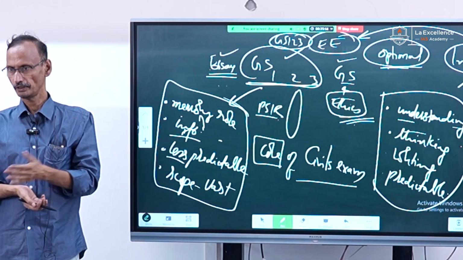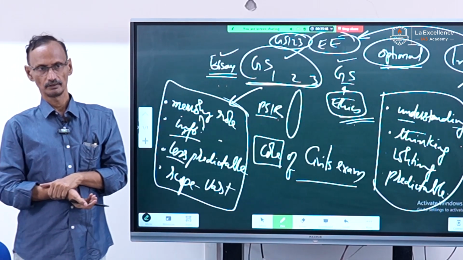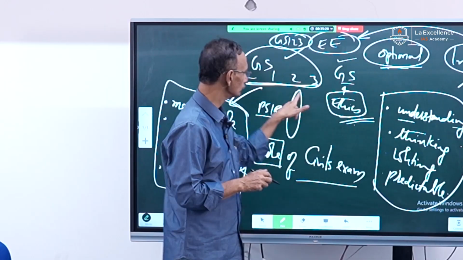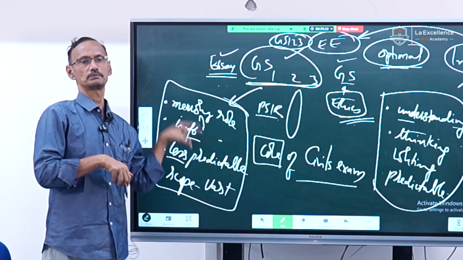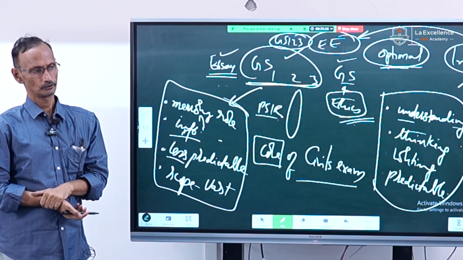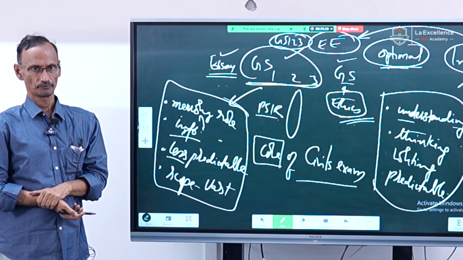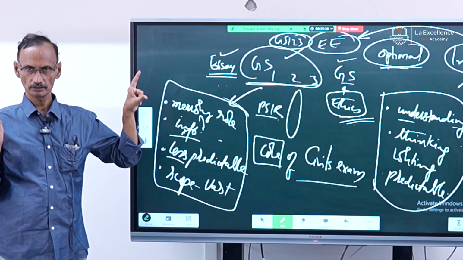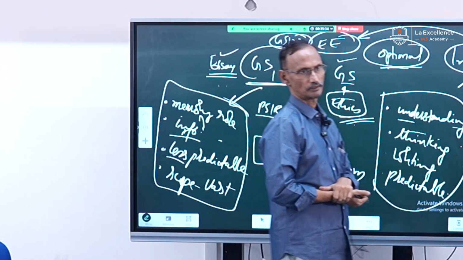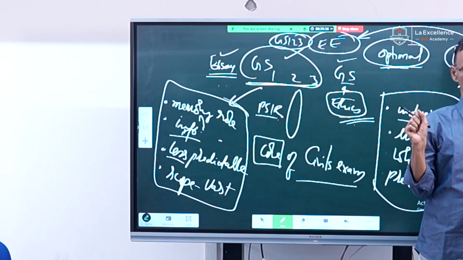Tell me, is my point clear to you? GS 1 to 3 is of a different kind, that is one. But also, GS 1 to 3 is what you have done at prelims level. So my approach to the overall examination is, in the remaining papers, you try to give your peak performance. Try to hit top scores.